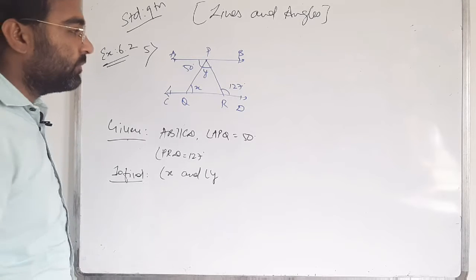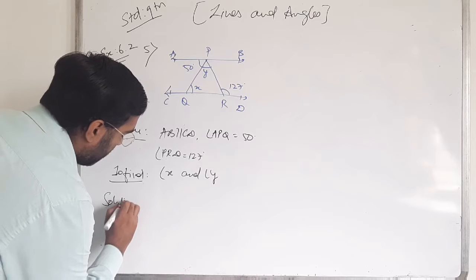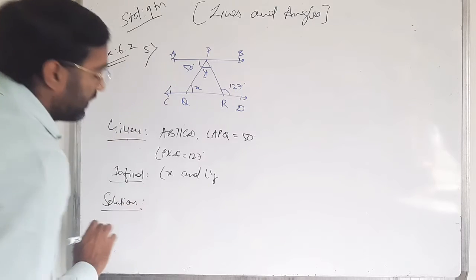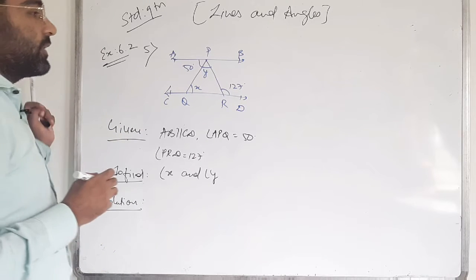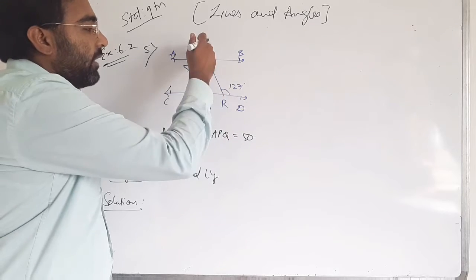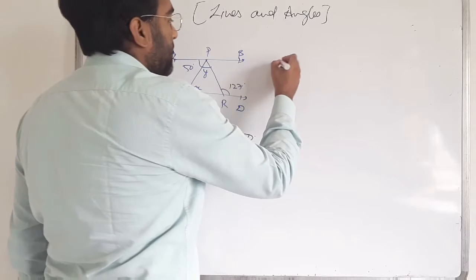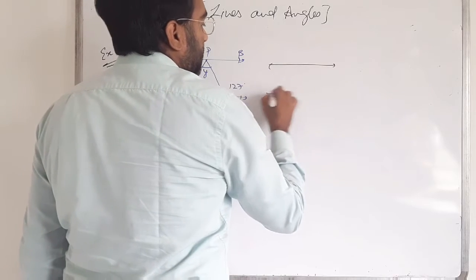Now the solution. First of all, AB is parallel to CD and we take PR as a transversal. The figure is formed like this.